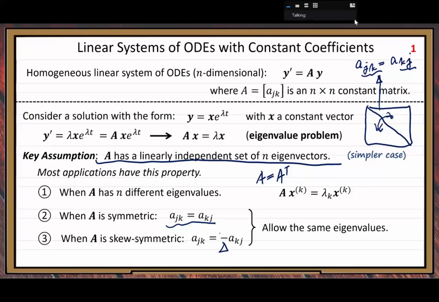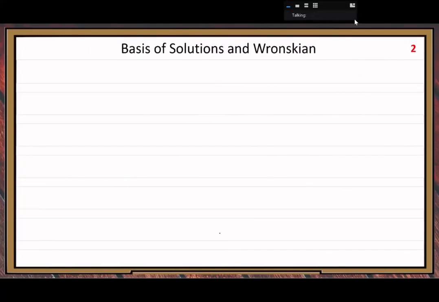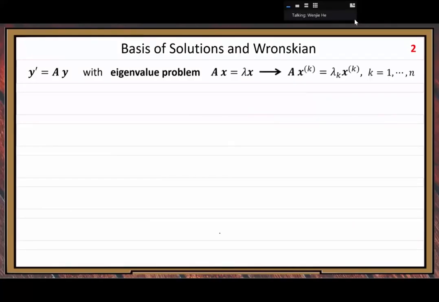All right. Basis of solutions and the Wronskian. That's just a straightforward extension. Eigenvalue problem: we have eigenvectors.